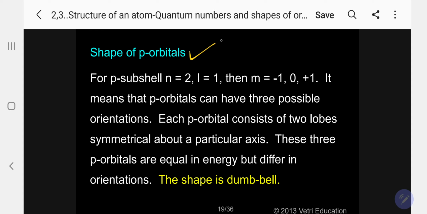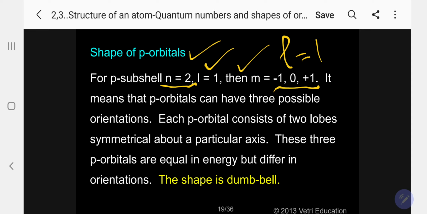Shapes of p orbital. When l equal to 1, we will call it as p. l equal to 0, s; l equal to 1, p. So for p subshell, n equal to 2, l equal to 1, then m has 3 values: minus 1, 0, plus 1.